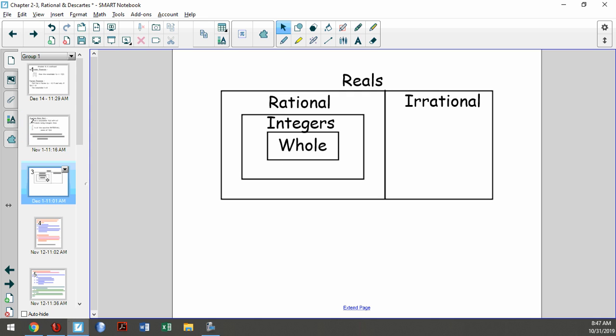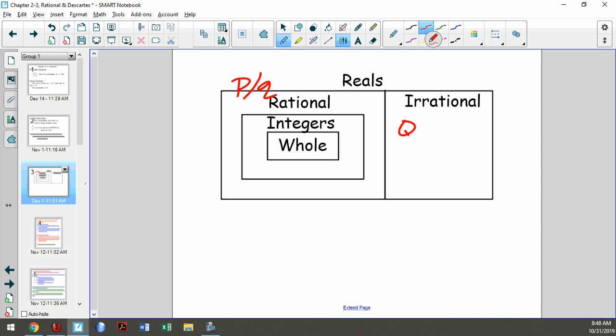Now, when we are talking about the type of roots that you have, the real number system is the entire x-axis, correct? Inside the real numbers are going to be rational numbers and irrational numbers. P over Q is going to give me this box right here. P divided by Q gives me the rational box.